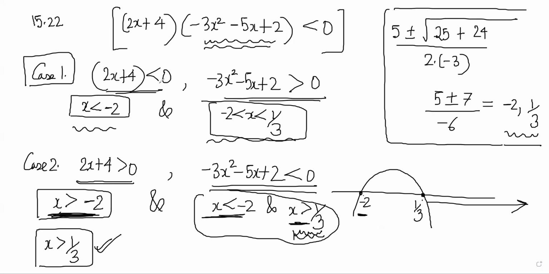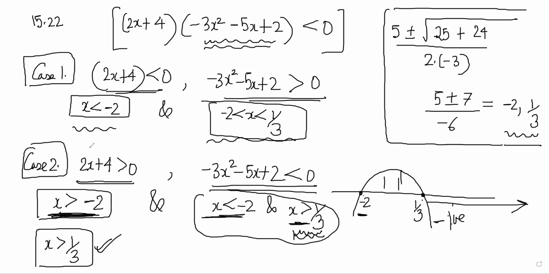Do you understand how we have solved it? Yeah, I understood. You can't just take one case, you have to take all possibilities. The quadratic part could be positive or could be negative. You have to check all the cases. If you exclude some case, it was possible that you could have gotten some answer in case one also.